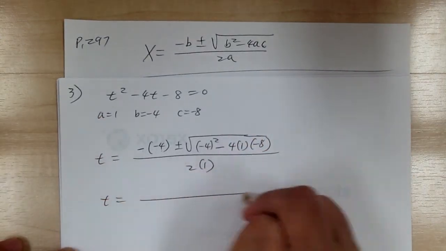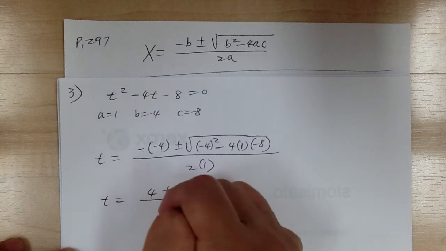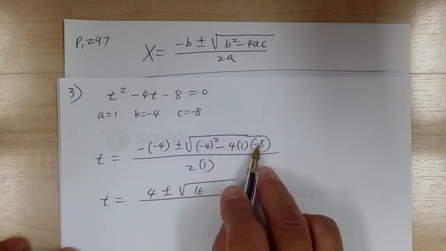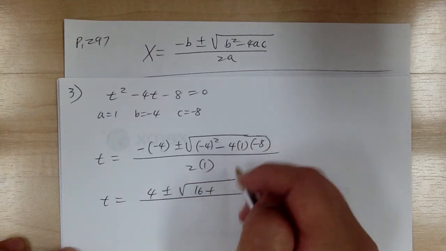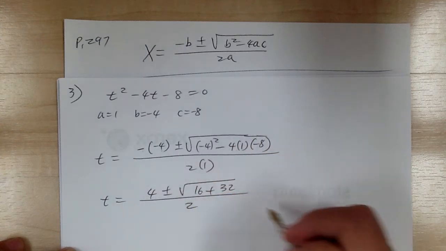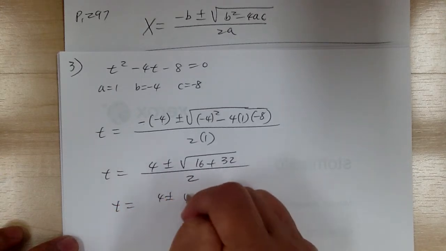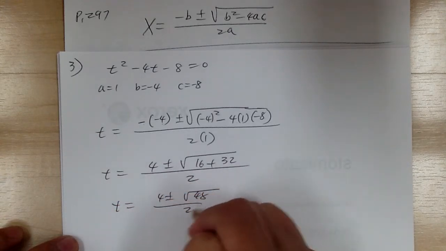So t equal to negative becomes positive 4. This one will give you 16. Now be careful, negative and negative give you plus. 4 times 8, 32 over 2. Okay, so t equal to 4 plus or minus square root of 48 over 2.